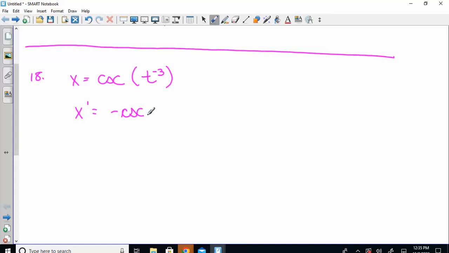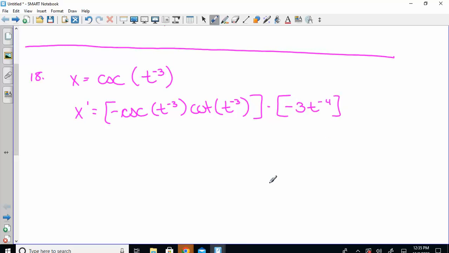Negative cosecant cotangent. Inside stays the same. But then we have to do the chain rule, so that's the derivative of the outside right here, times derivative of the inside. So derivative of t to the negative 3 would be negative 3t to the negative 4.